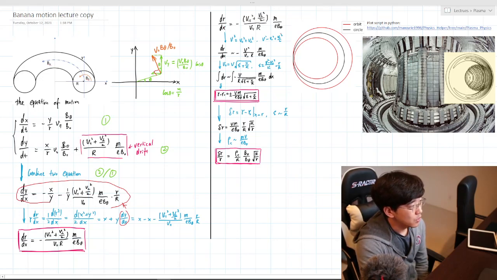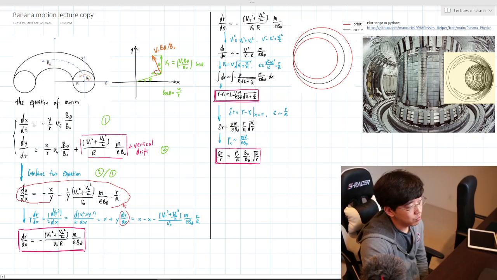We can solve this equation with some estimations. We know that v squared equals v parallel squared plus v perpendicular squared, so the top can be approximately v squared.